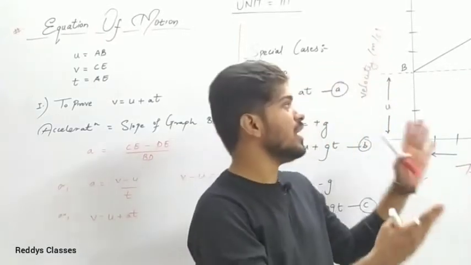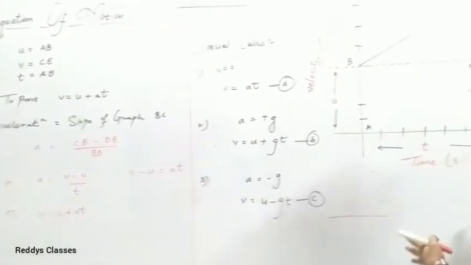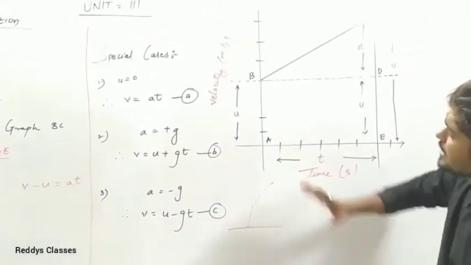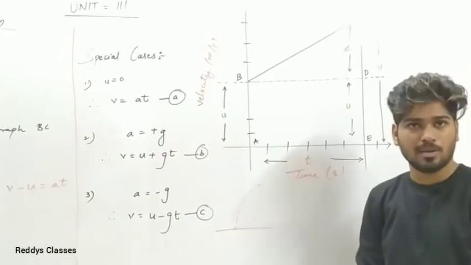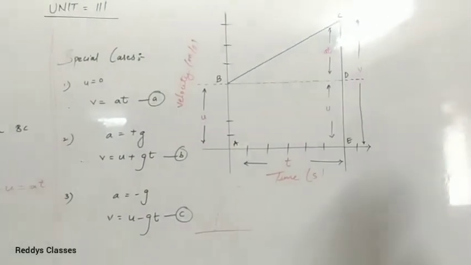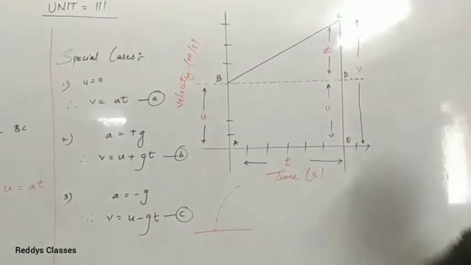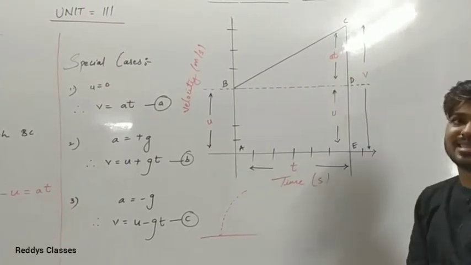First of all, we have this graph. You can see this graph. U is known as the initial velocity, v is the final velocity, a is the acceleration, and t is the time taken.